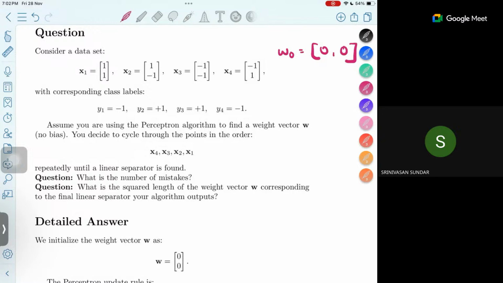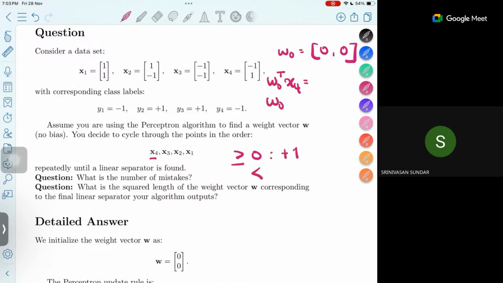Right, so now we have to go in this order. I'll take W0 transpose with X4 and see what the sign of that is. W0 is (0, 0), so dotted with anything that is going to give me 0. So W0 transpose with all the points is going to give me 0. The sign function is such that if it is greater than or equal to 0, I'll assign the class +1.